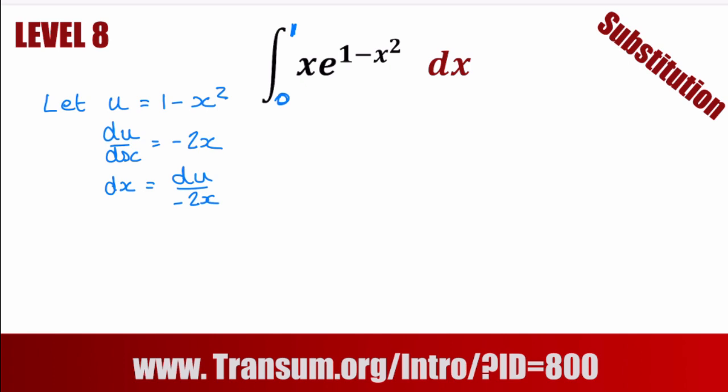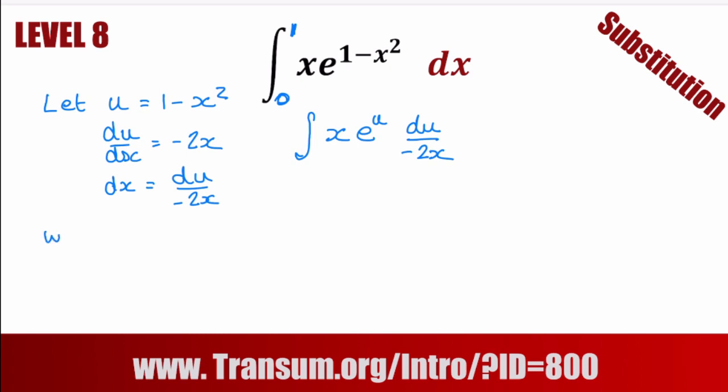I can now write it down as the integral of x e to the power u, because I've made that substitution, and then my dx becomes du over minus 2x. Now, the limits of the integration, in the original question, they're in terms of x.